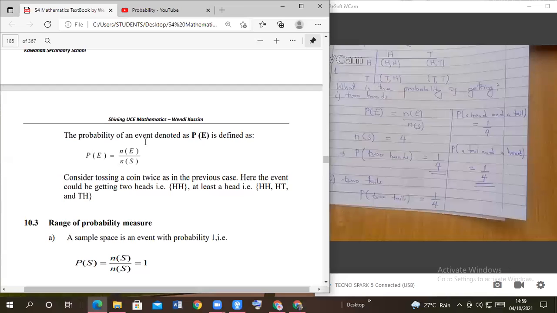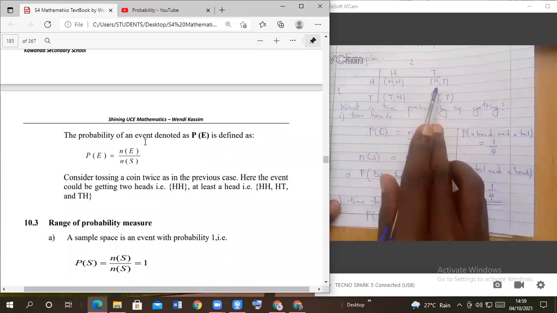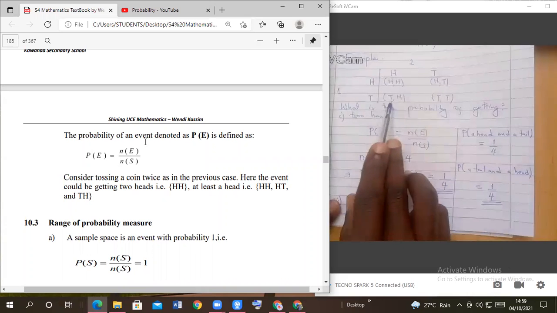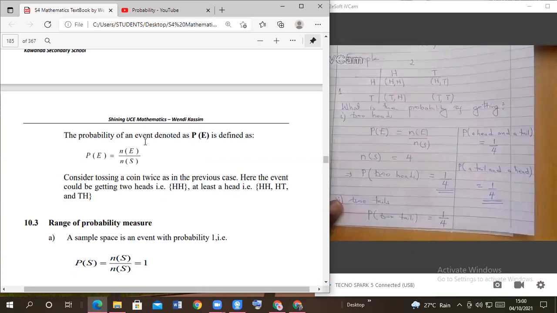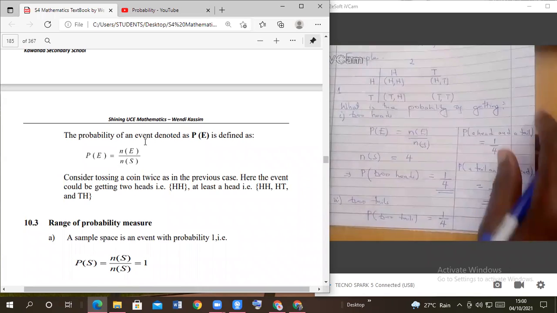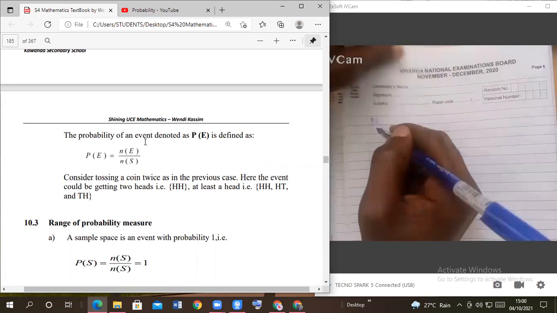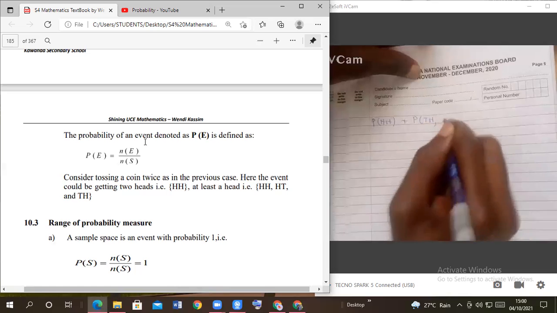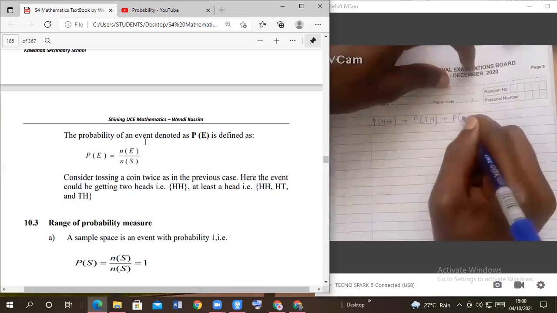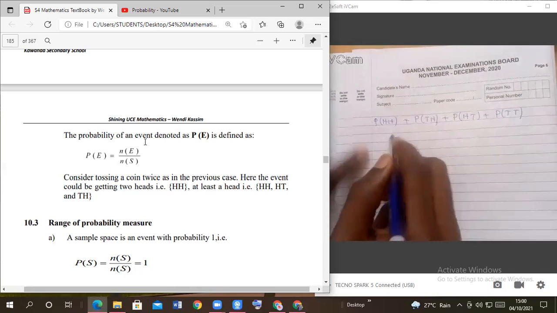Now, there is something very interesting here. If I add the probability of getting 2 heads, a head and a tail, a tail and a head, and a tail and a tail, the answer must be 1. Can we prove it? For each one, we got a quarter.